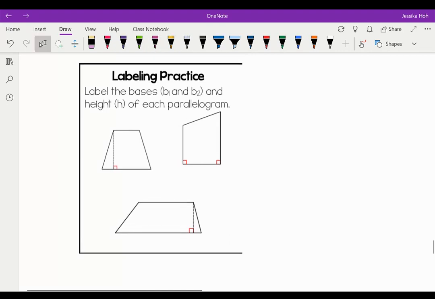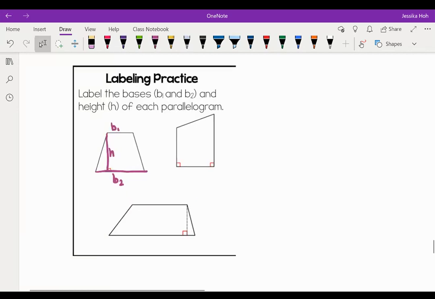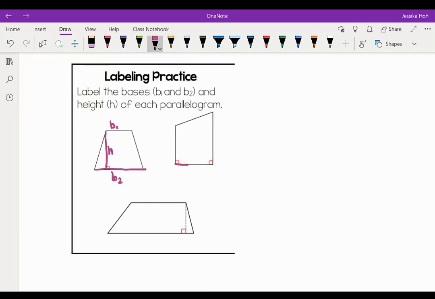So let's practice labeling our base 1, our base 2, and our height. Here's our height, base 1, base 2. This one's tricky, it's on its side. So if we would flip the whole image, this would be our height, and base 1, base 2.